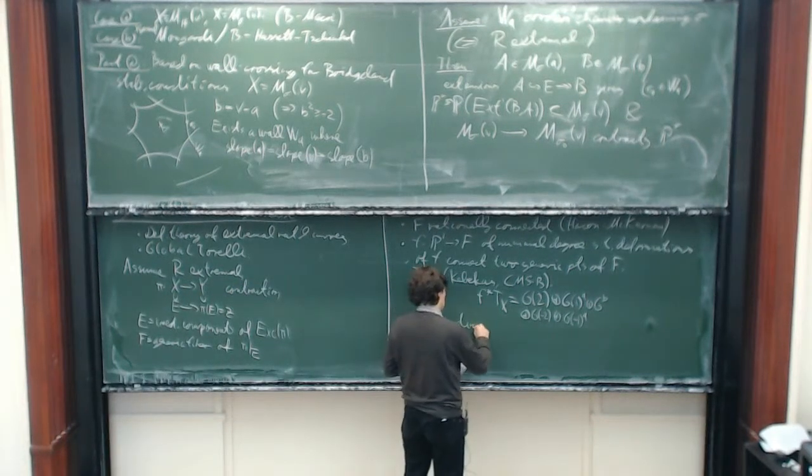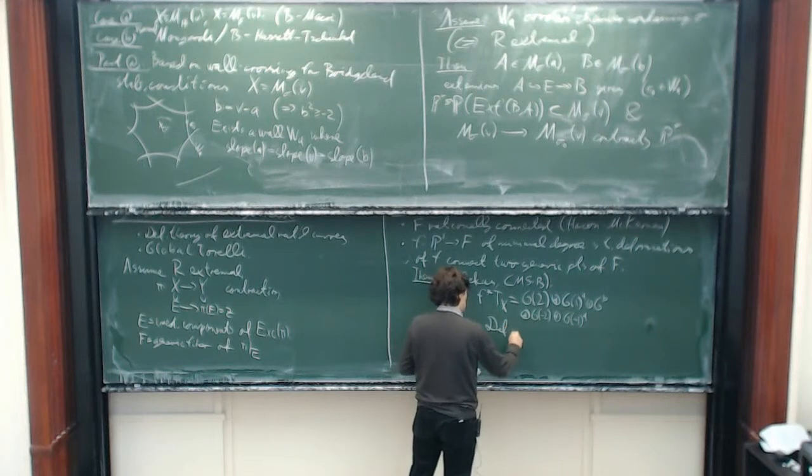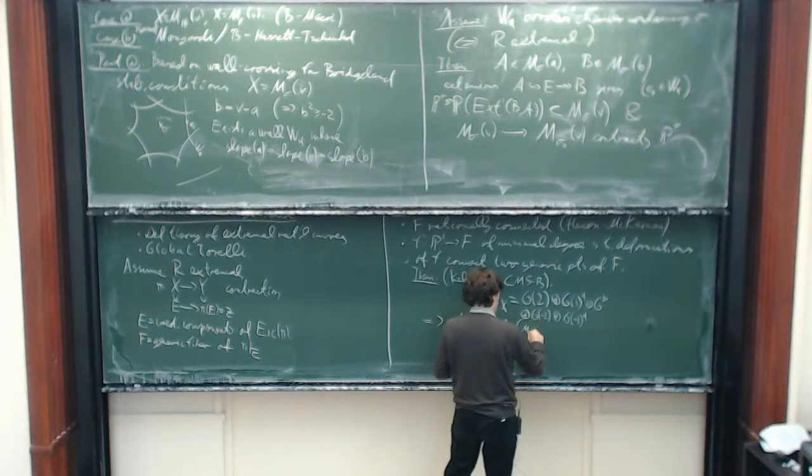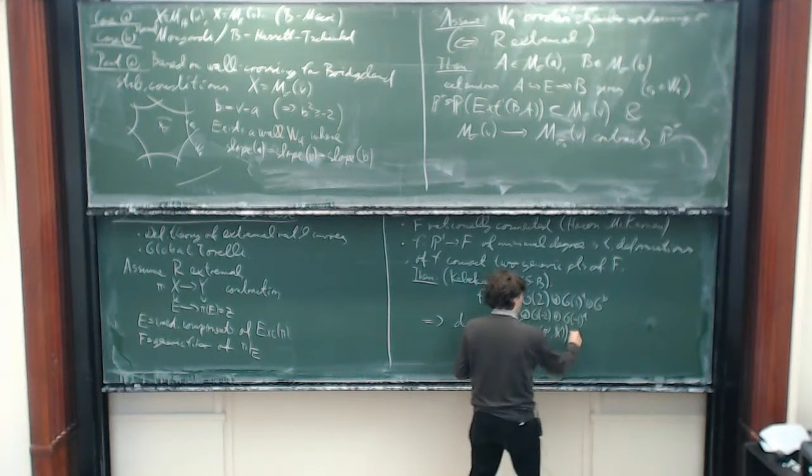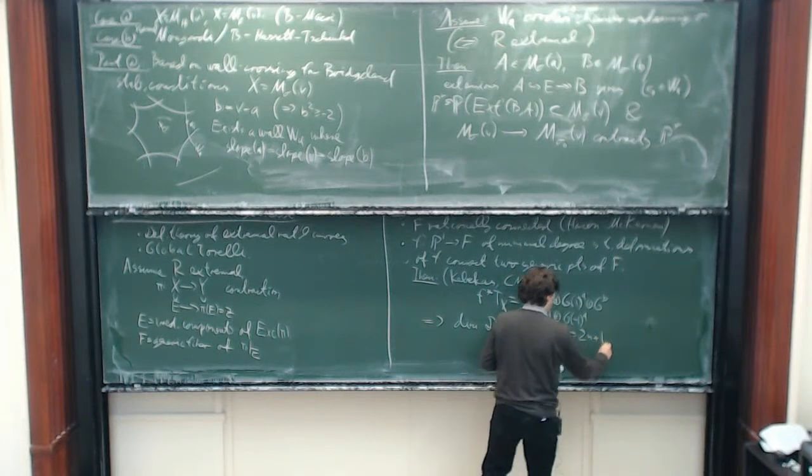This is essentially the hard part, and the rest after that is more or less easy. So this means that the deformation space inside the space of morphisms from P1 to X has dimension 2m plus 1.